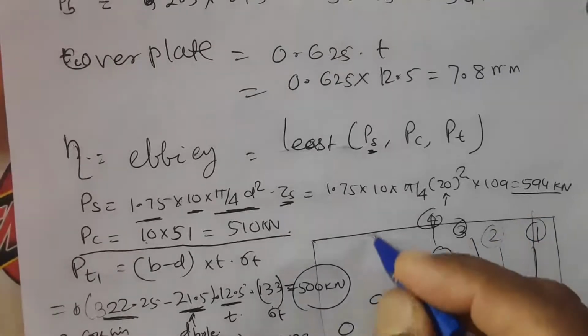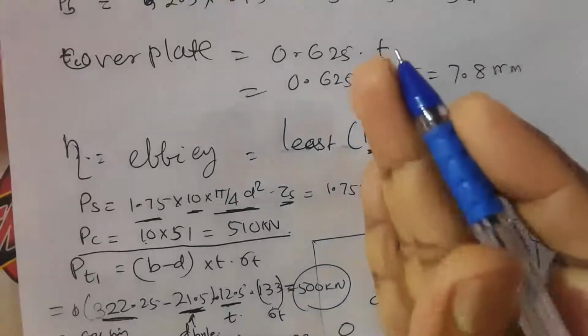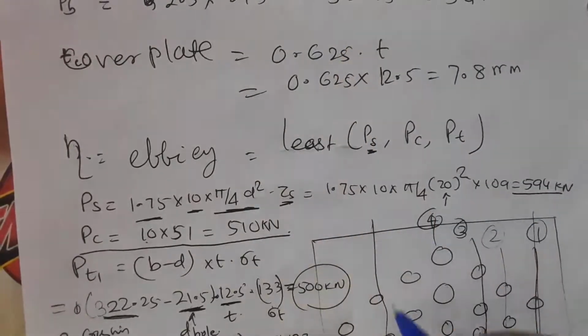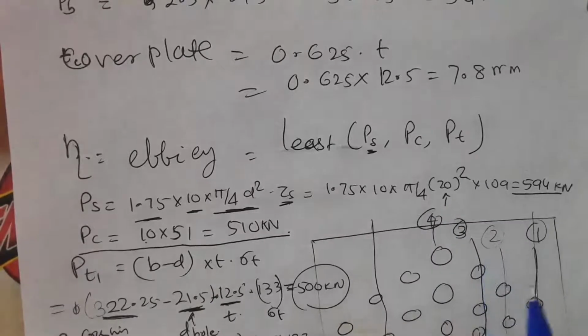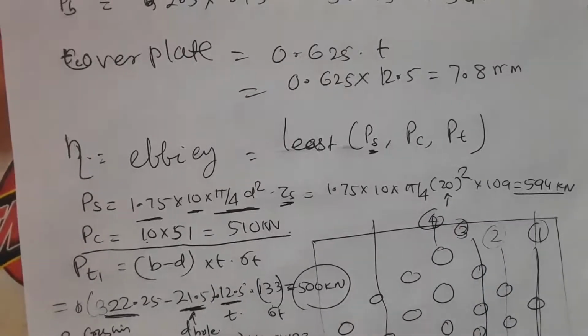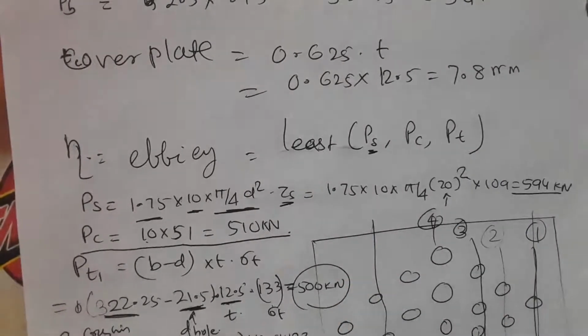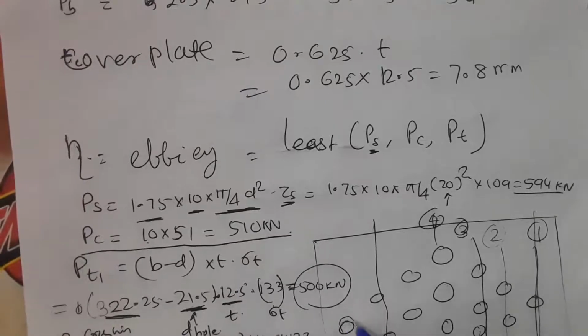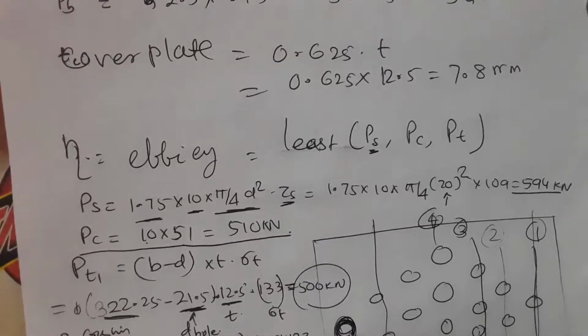Similarly, we will consider this section, when we are tearing at this section, so width minus 2D, so 2 into D into the thickness of the plate into the strength, plus the rivet in this case has to crush or shear.